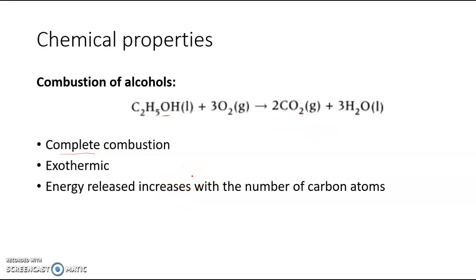A lot of energy is released, and as the number of carbon atoms in the alcohol chain increases, the quantity of heat released per mole will also increase. And therefore, alcohols are a common additive to petrol in order to increase the heat released from the fuel burnt in the cars. So that's the combustion property of alcohols. You would need to write this equation down when you do the calculations for energetics, especially Hess cycle.